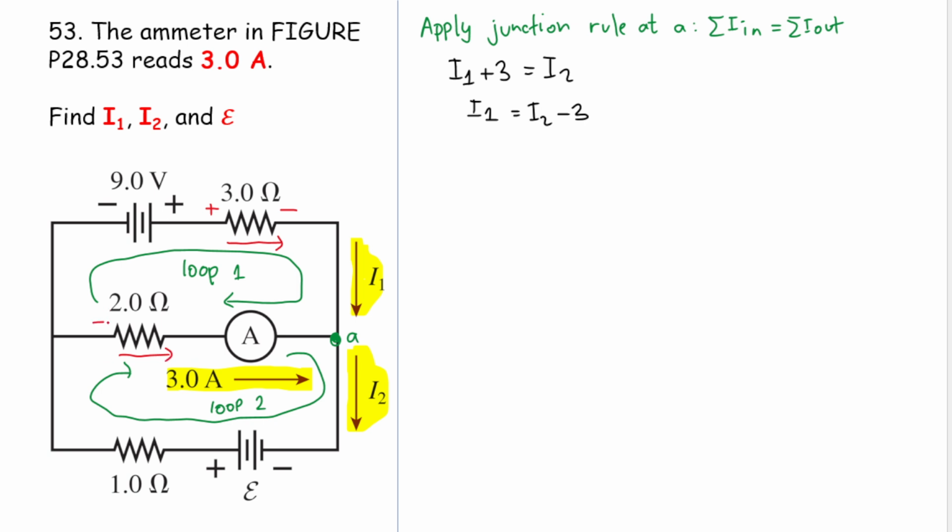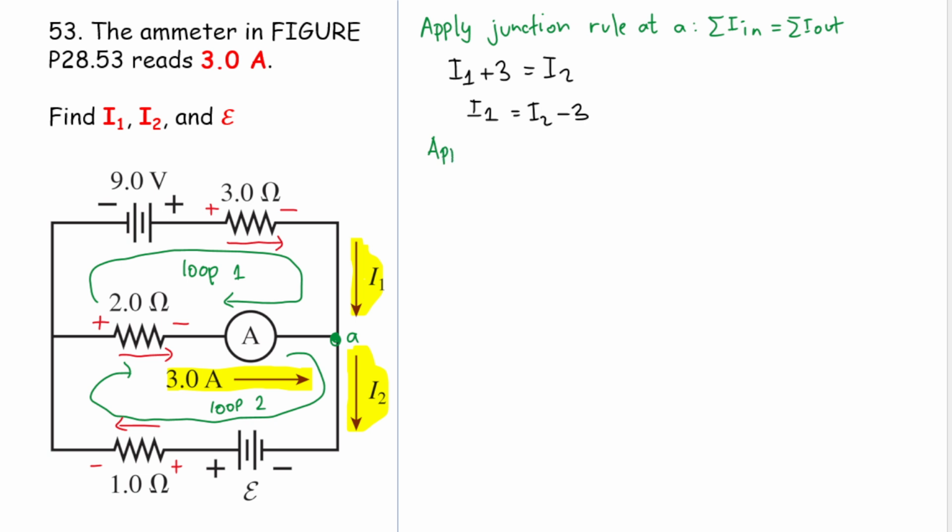I will have the positive one here and the negative one here. I2 goes to the left, so the positive one is here and the negative one is here. Why do we need this? Because we need to apply the loop rule and the sign is important for the voltage.